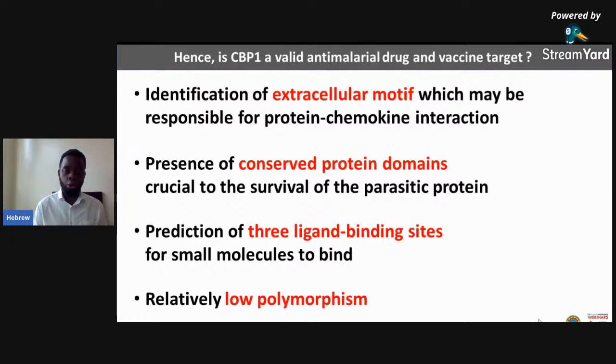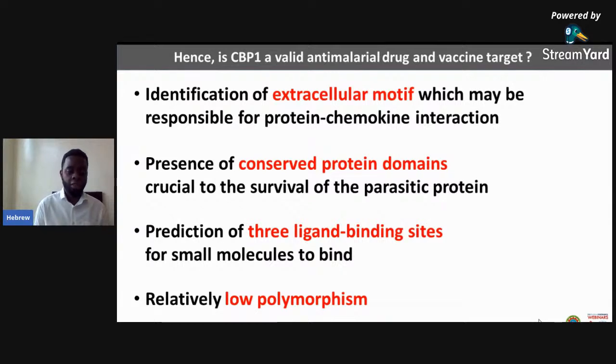We're also able to discover conserved protein domains, as I mentioned, the 3 of them, and we talked about how antagonizing them can cause deficiency of nutrients to the protein and also interfere with protein-protein interaction of CBP1. We also discovered 3 ligand binding sites for small molecules to bind, which is a very key finding in terms of drug discovery.